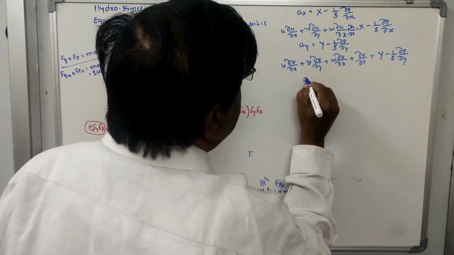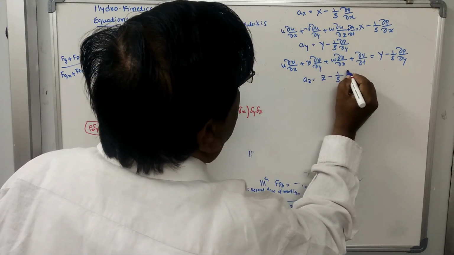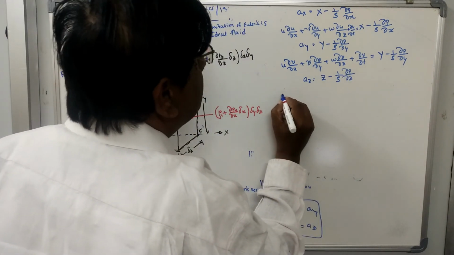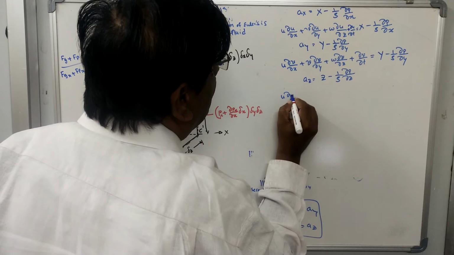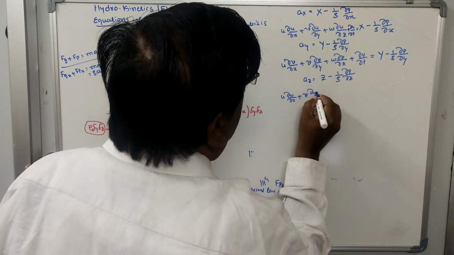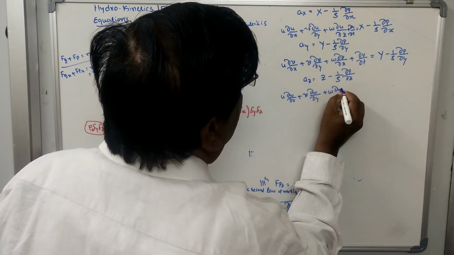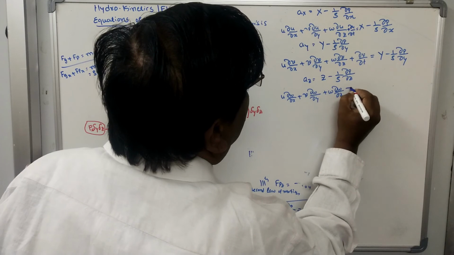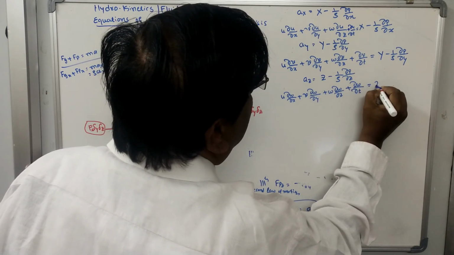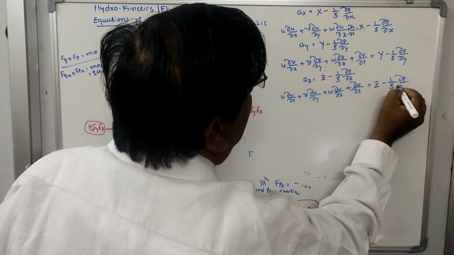Similarly, az is equal to Z minus 1 by rho ∂p/∂z, or u ∂w/∂x plus v ∂w/∂y plus w ∂w/∂z plus ∂w/∂t is equal to Z minus 1 by rho ∂p/∂z.